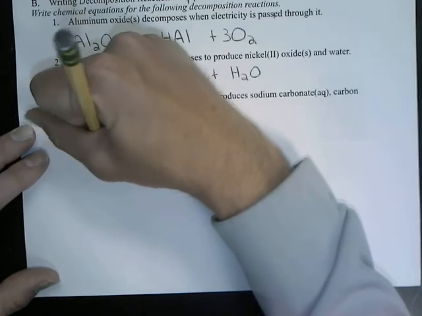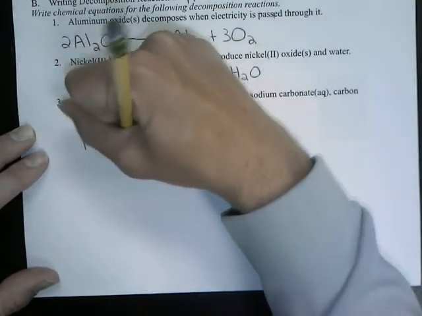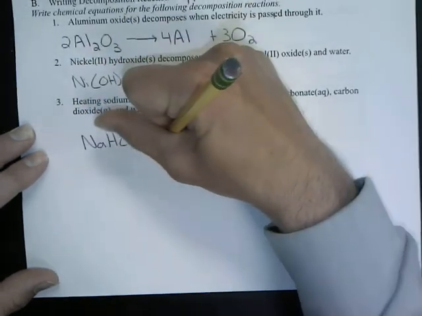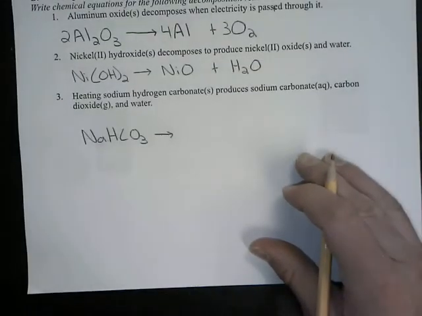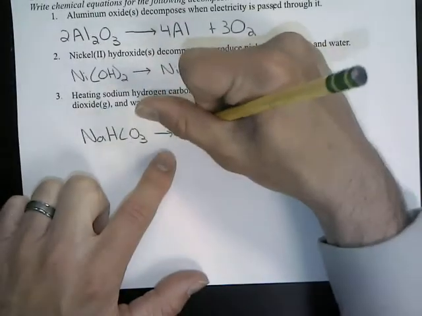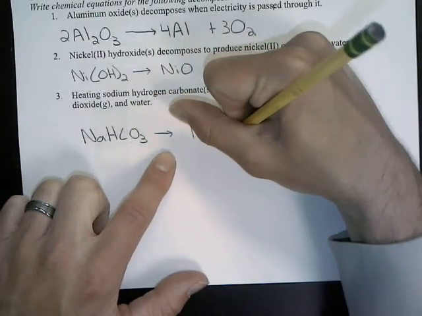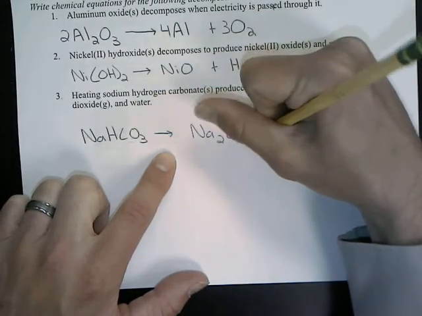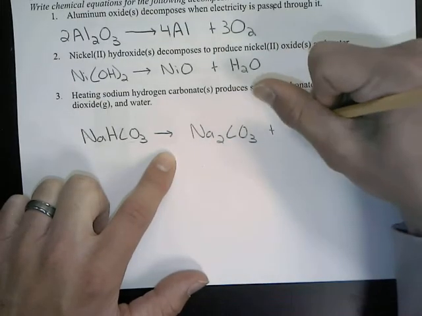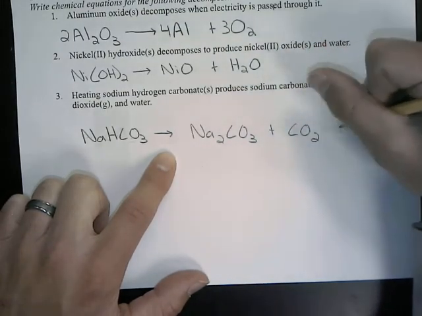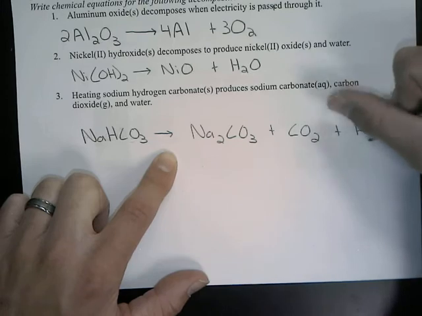Okay, so NaHCO3 starts us out with our reaction, and it would produce sodium carbonate, so Na2CO3, carbon dioxide, CO2, and water, H2O.